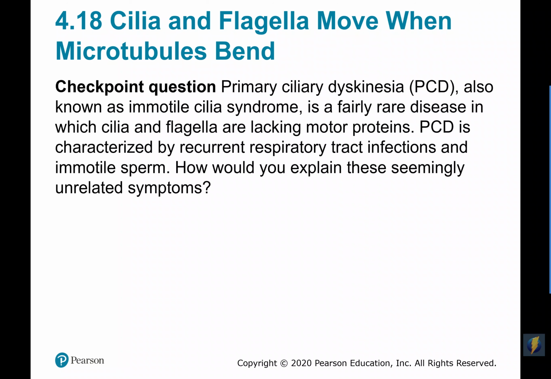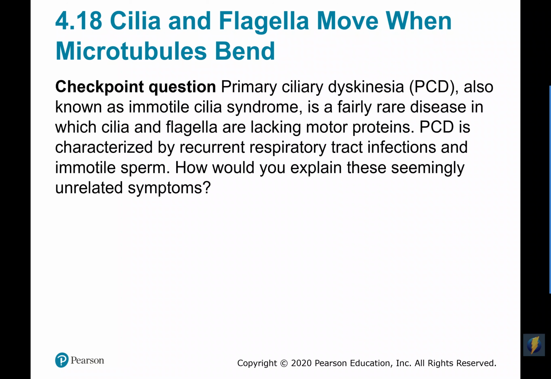Our respiratory tract is lined with cilia. It's a protective mechanism. Our respiratory tract makes lots of mucus, and the cilia help bring up that mucus, which might contain bacteria or viruses like SARS-CoV-2, from infecting us.